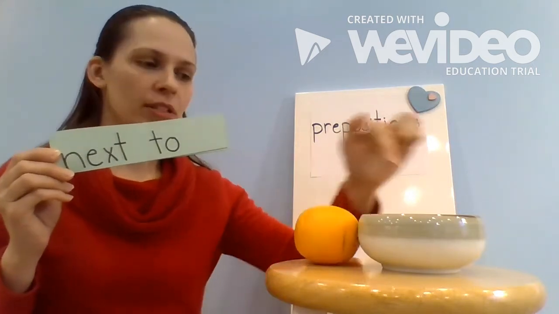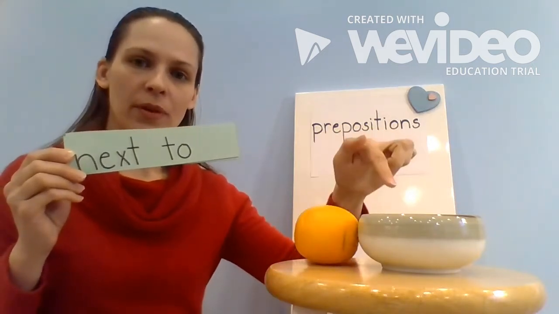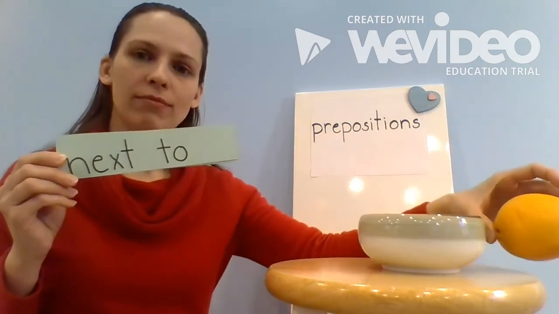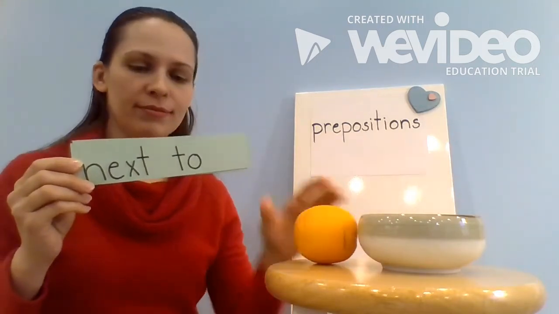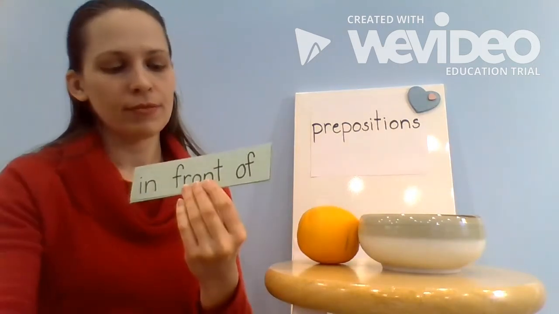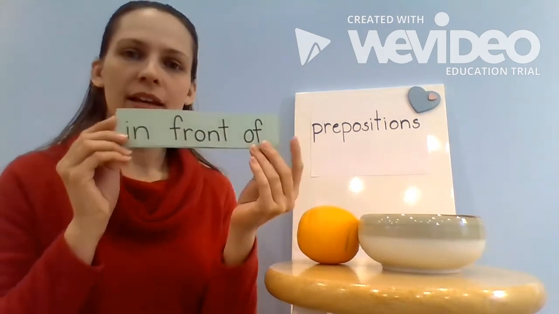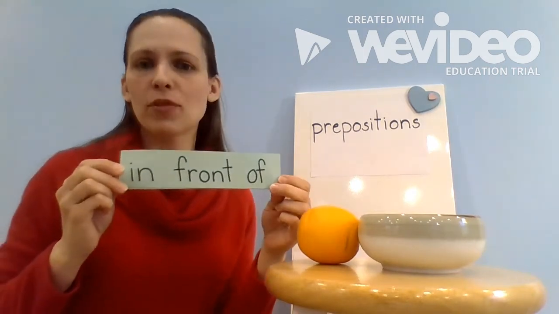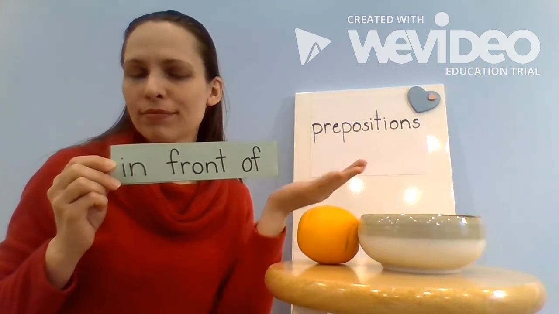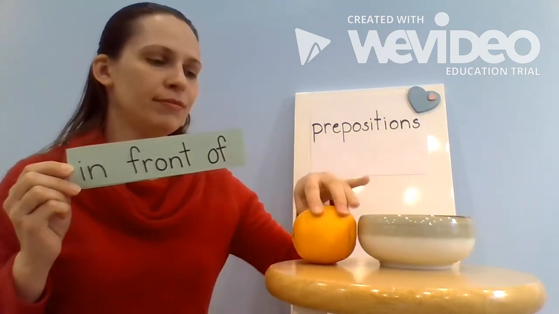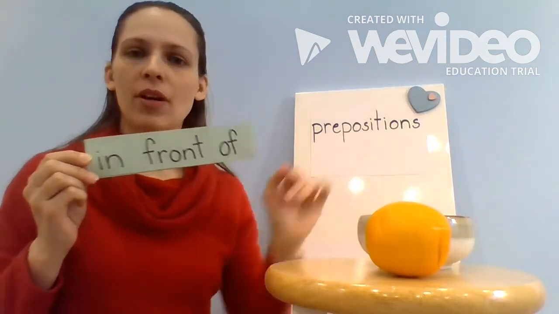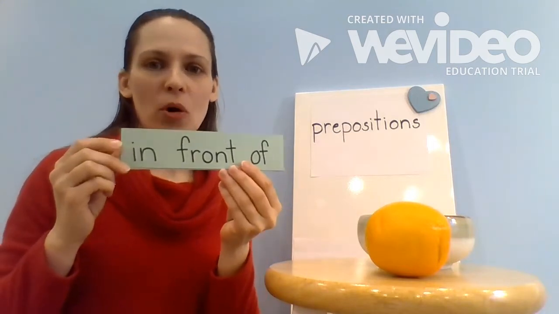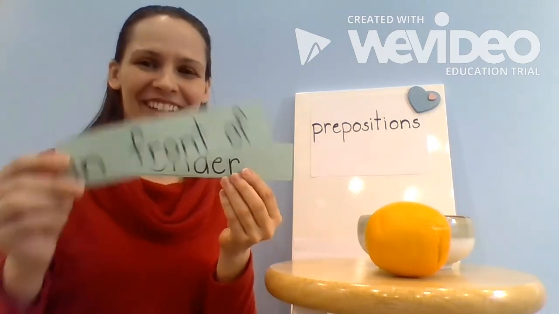This is also next to. Okay, so either this side, next to, or over here, next to. In front of. Where do I have to move the orange? Over here. The orange is in front of the bowl. Very good.